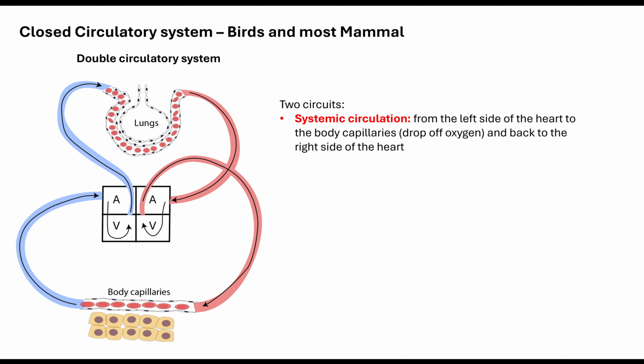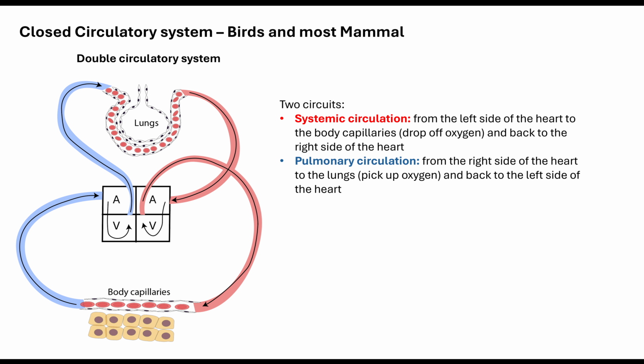So that's classed as the systemic circulation because it's going from the left side through the body and back to the right side. The pulmonary circulation, on the other hand, goes from the right side of the heart to the lungs, where it will therefore exchange the carbon dioxide that it was carrying for oxygen, so pick up the oxygen, and then transfer back to the left side of the heart to then be pumped back into the systemic circulation.